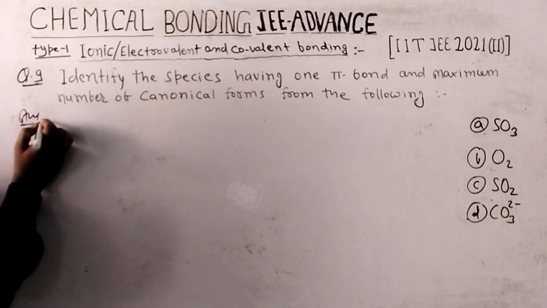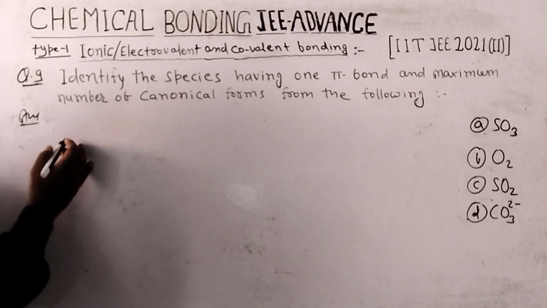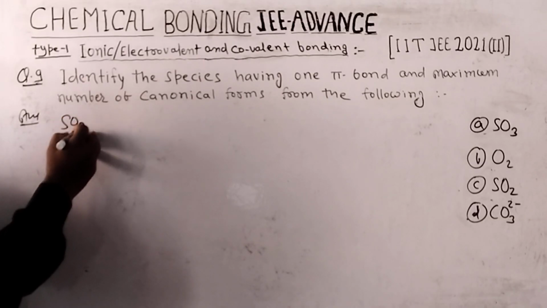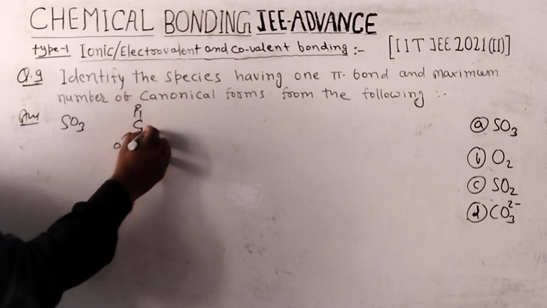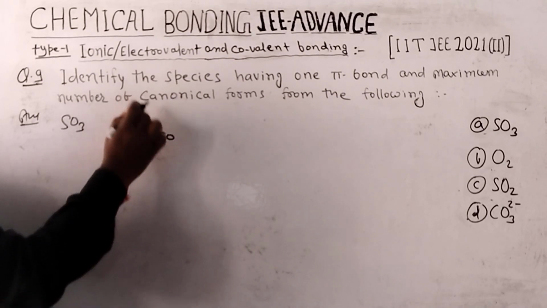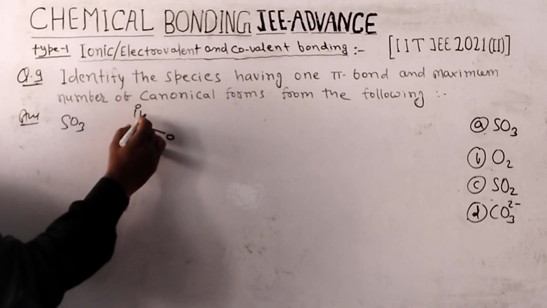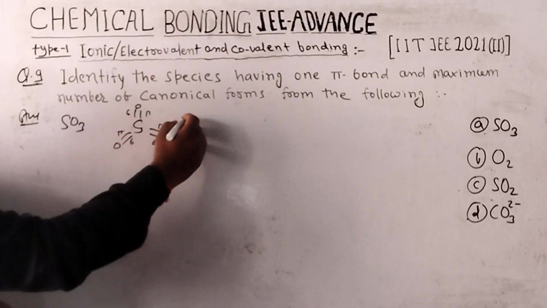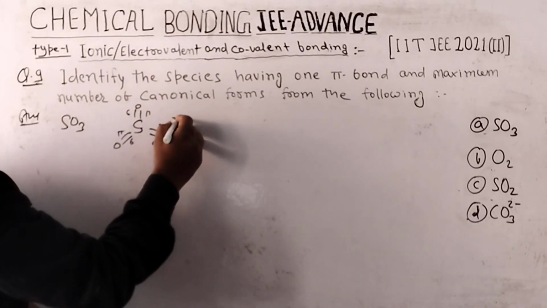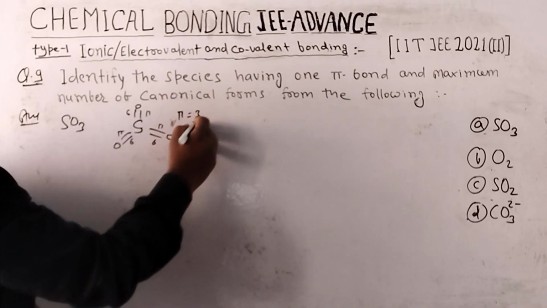Now one by one we can check. In case of SO3, the structure of SO3 is sp2 hybridization and trigonal planar. Now pi and sigma: pi is equal to 3.